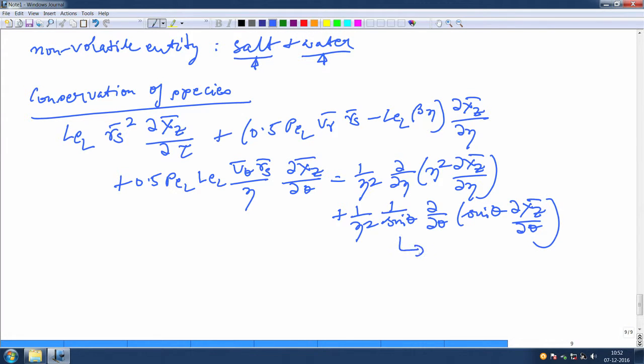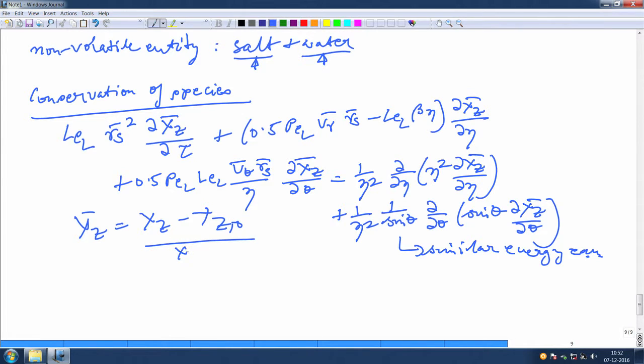So, this is very similar, almost identical, to the energy equation. Xz that we have written is Xz initial minus Xz at any time instant. This is similar, where instead of Xz we had temperature, in that case.